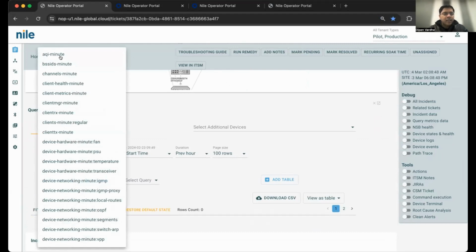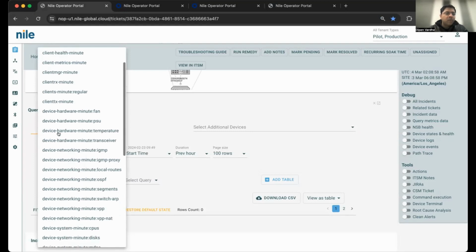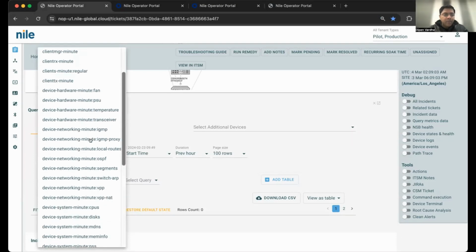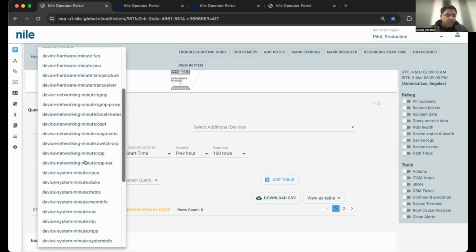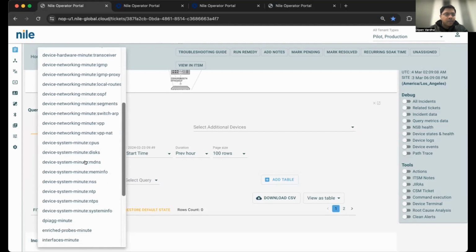This includes things like the channel load, non-Wi-Fi utilization, Wi-Fi utilization, what are the BSSIDs seen in the vicinity, what does the channel health look like, client health, and so on and so forth, all the way down to the device hardware related telemetry, even the transceiver, LLDP related metrics, OSPF related metrics, the CPUs, memory, you name it.